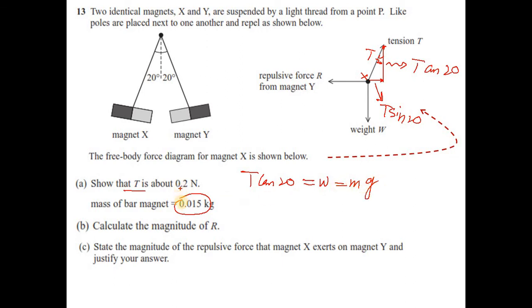If you put the value of the mass, 0.015 times 9.81, then T is equal to 0.015 times 9.81 divided by cos of 20. So you can find T as 0.16 Newton. This is the value of T.